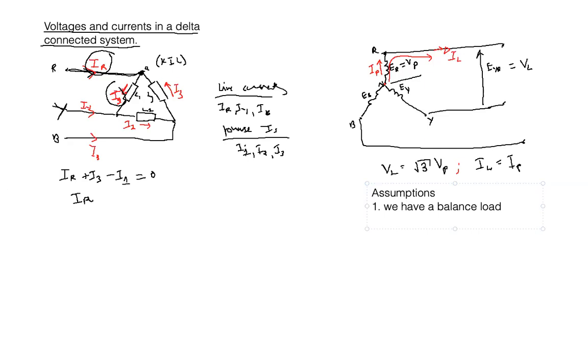That means our currents will have the same magnitude but at differing phases. We already know they are at differing phases. And we know that what will be leading is IR, and IY will be 120 behind, and IB will be 240 behind. Okay, so that we should always remember.